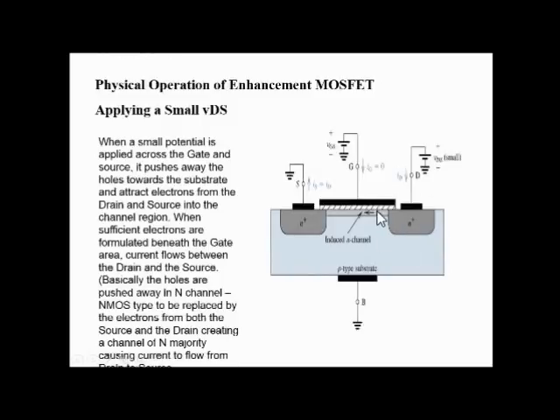So it is quite clear how this channel is formed. It is just by applying a positive potential, which repels the positive holes, and the minority electrons are attracted to create this channel. In this case, the ID current can flow from drain to source.